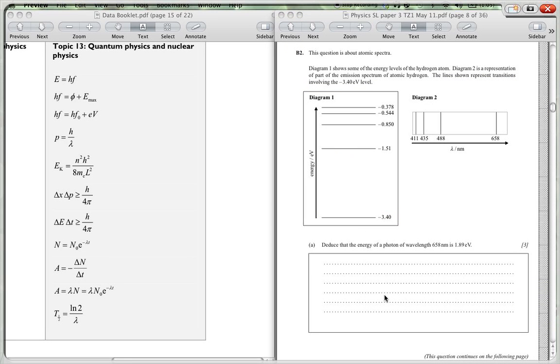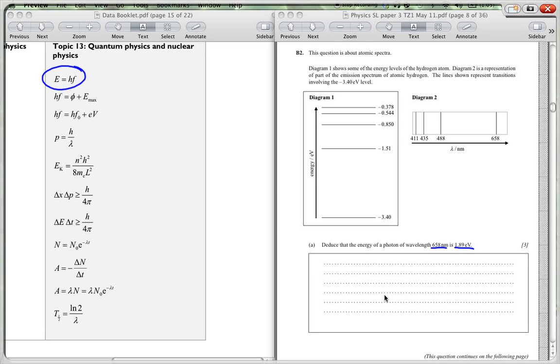It says, deduce that the energy of the photon of wavelength 658 nanometers is 1.89 eV. Well, we have this formula here which looks at the energy of a photon, so we need to use that.